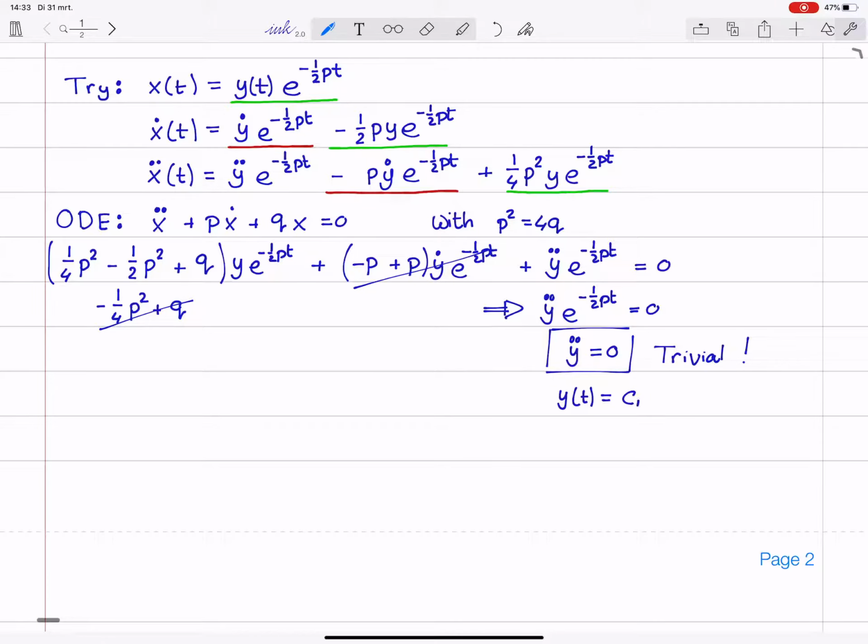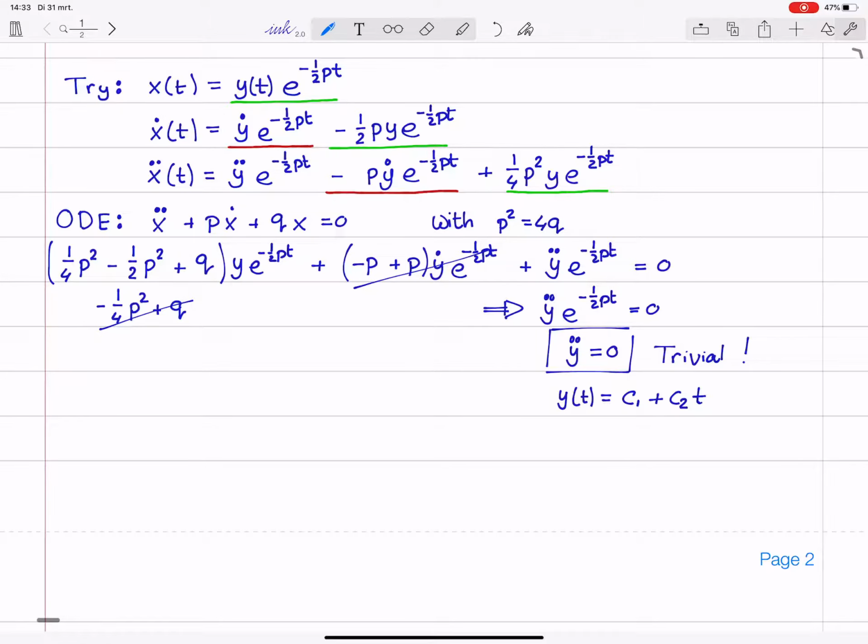Let's call it c1 plus c2 t, like this. Okay, so summarizing, we have tried for our solution x, y times this first solution, and we have solved that for a linear function of y, this will indeed satisfy the differential equation.